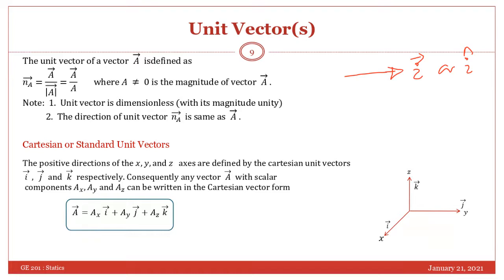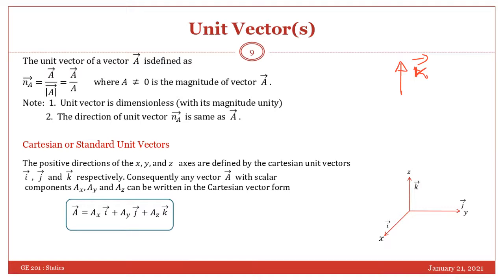And the positive y direction, the unit vector is j, or we write it like this, j cap. And similarly, if this is the z direction, we have unit vector k.